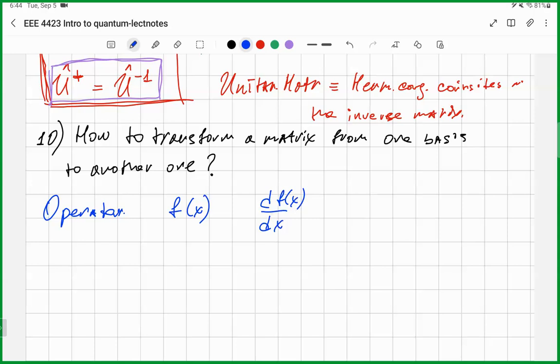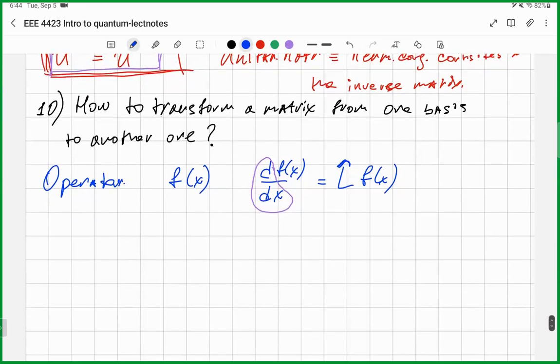So this action, this derivative, can be considered as an operator. The same can be written as L operator acting on f of x. So I just substituted this differential by the letter of the operator.